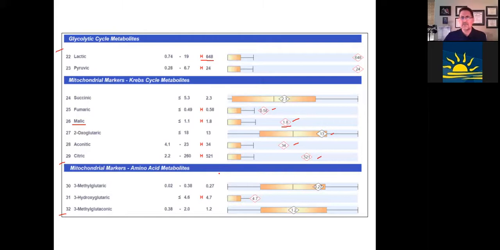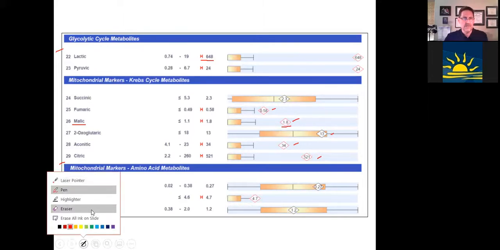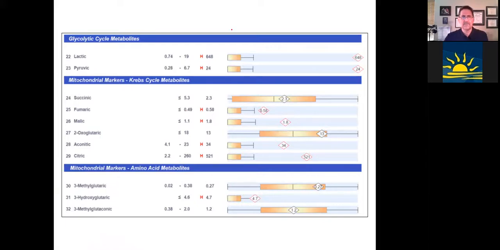So a lot of times what you'll see is, if you go after the yeast and fungal part, you go after the bacterial section, you try to lower oxalates, and you do a retest, let's say 90 days later, sometimes you'll just get an absolute improvement in these areas. So this is probably one of the more complicated aspects of the organic acid test, but I wanted to pick this particular case because we can see that there are quite a few markers that are elevated.